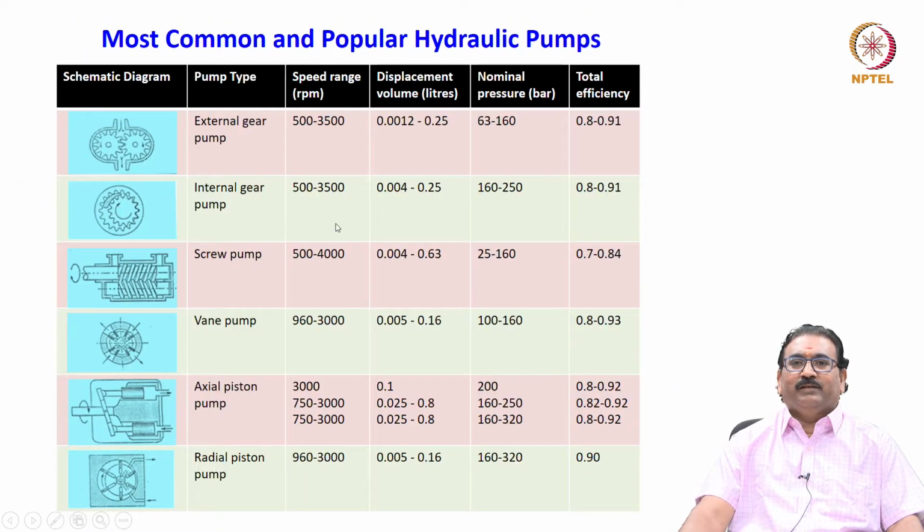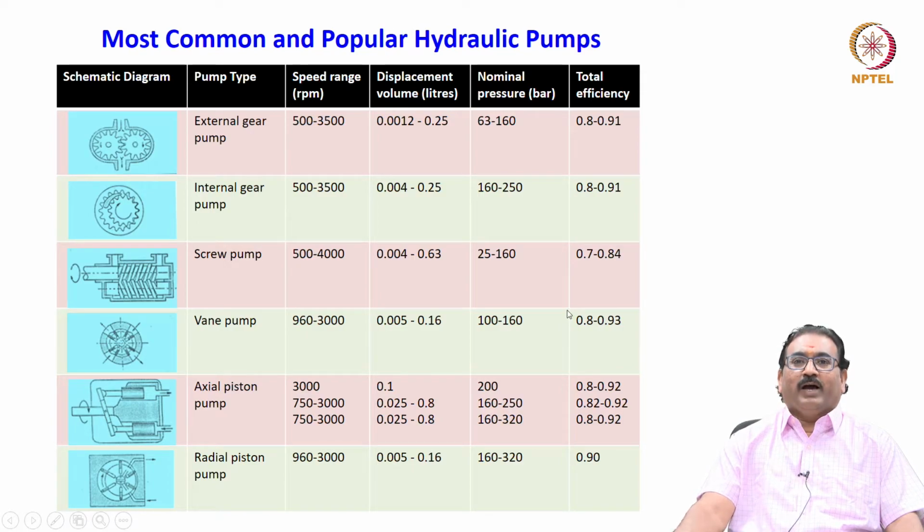Already we have seen during the pump lecture hours, the various types of pumps. Here you will see this will give you a clear picture about the different types of pumps, the schematic diagram, pump type, speed range, displacement volume, nominal pressures each pump will withstand, and total efficiency.